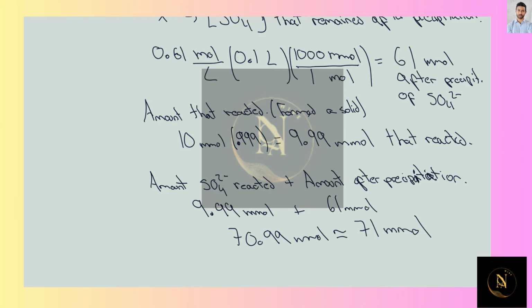And that would be the total amount in millimole that we need to add in order to precipitate 99.9% of the calcium.